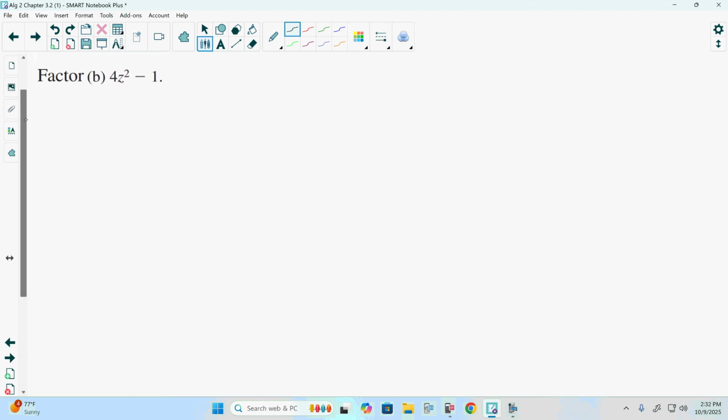4z squared minus 1. So we're going to rewrite it in this a squared minus b squared form to see how these connect. So 4z squared, we can see what times itself is 4z squared. So 2z, because 2 squared is 4 and z squared is z squared.